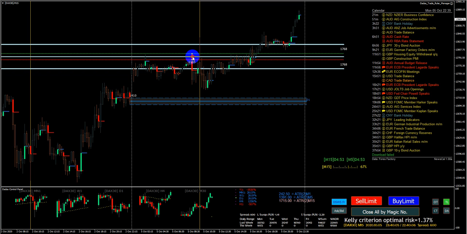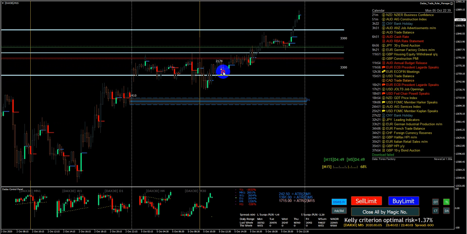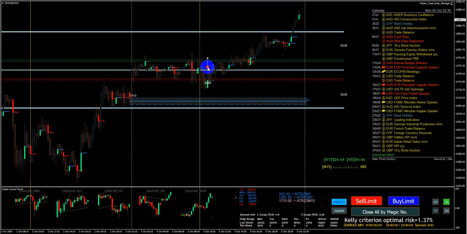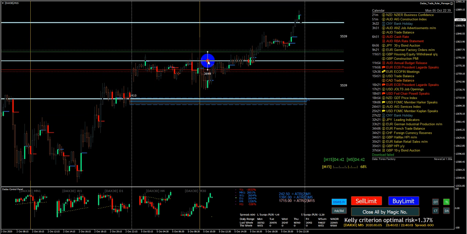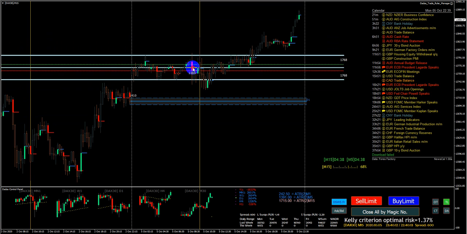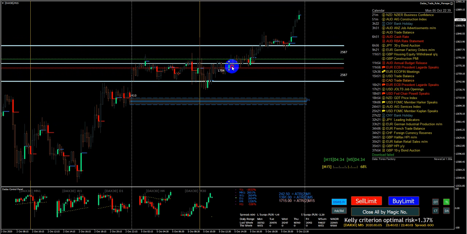It's working like the ATR ruler right now. You see, every time I pull it to some other location, it reads the ATR at that moment, right? So it is working as the ATR. Okay, great.